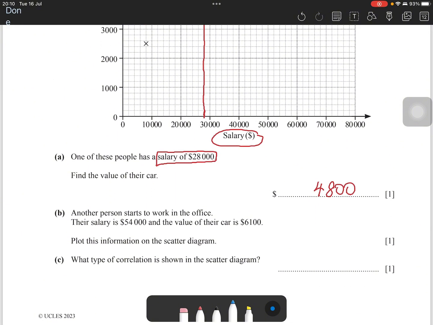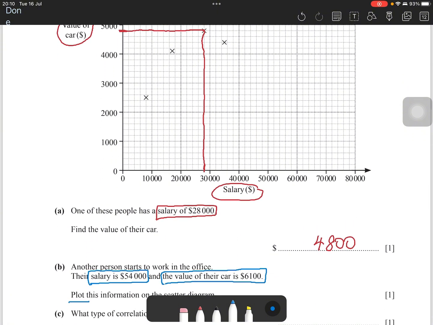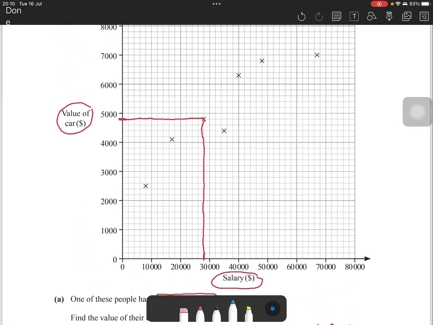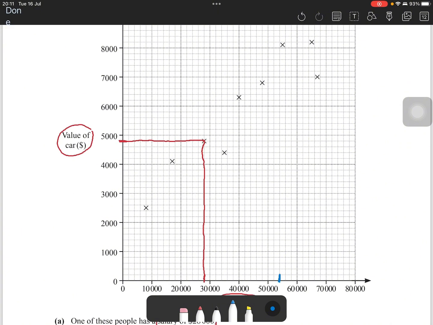B. Another person starts to work in the office. Their salary is $54,000. And the value of their car is $6,100. So we'll plot this information on the scatter diagram, which means we'll plot the point 54,000 and 6,100. 54,000 is here, and 6,100 is here.